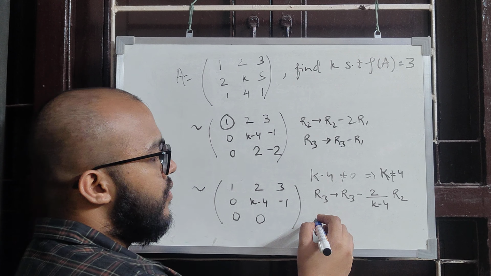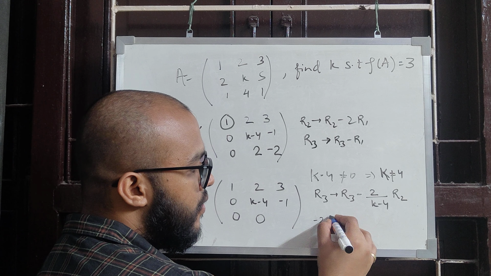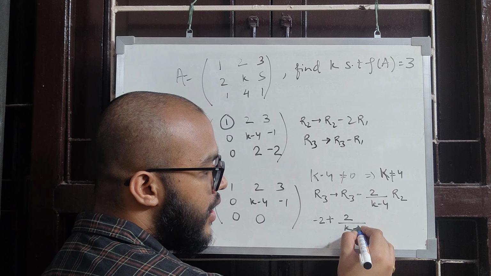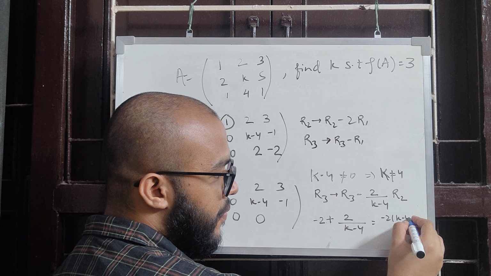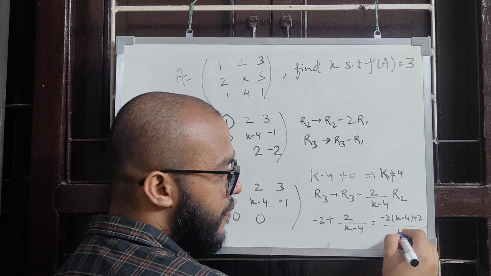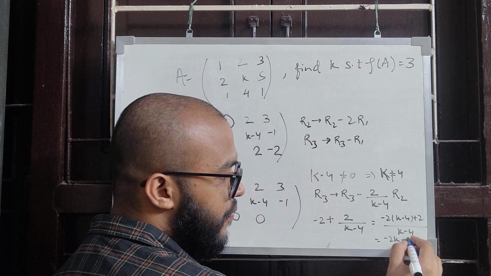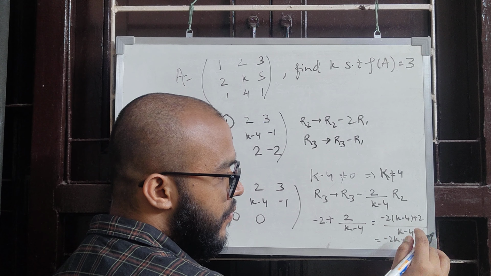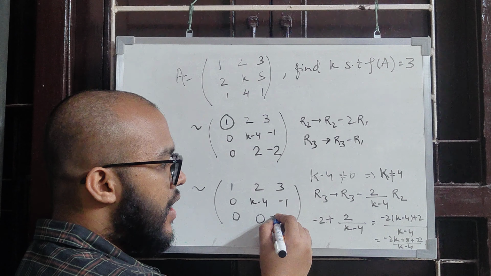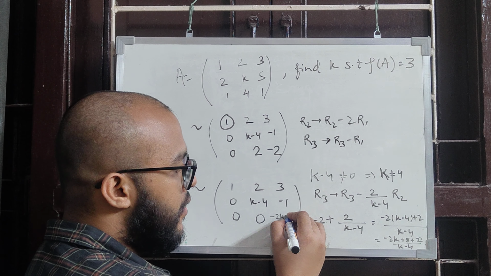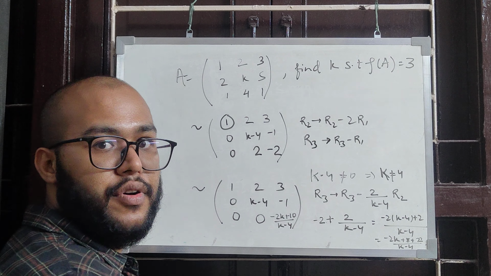Minus 2 plus 2 times k minus 4. This will be minus 2k plus 10 divided by k minus 4.